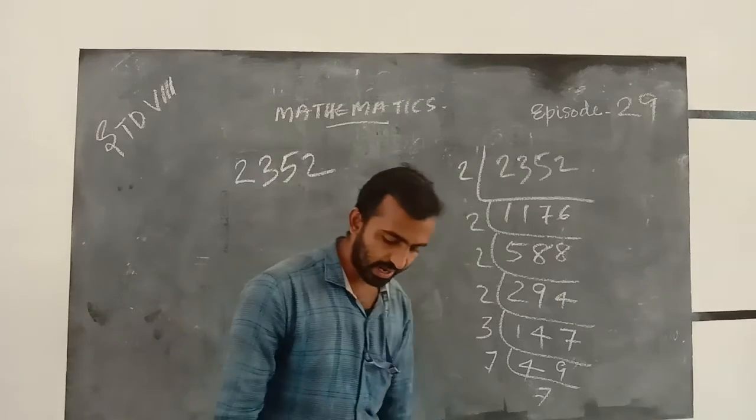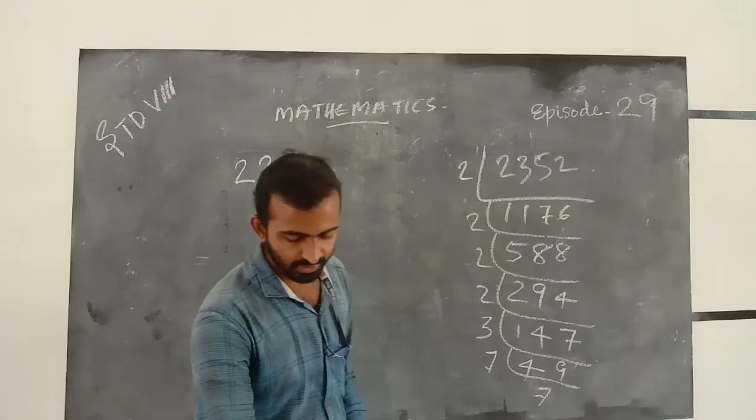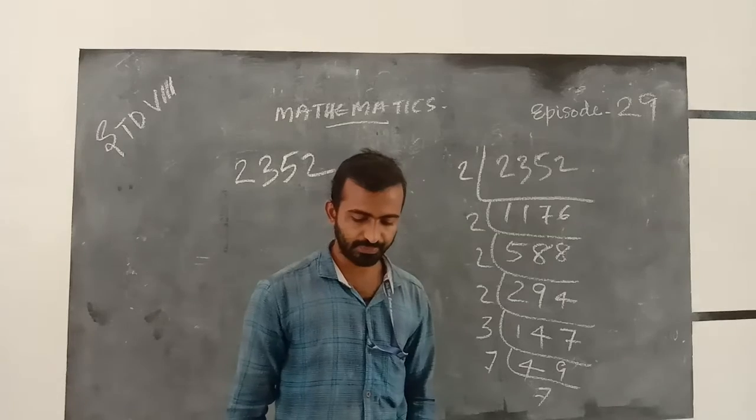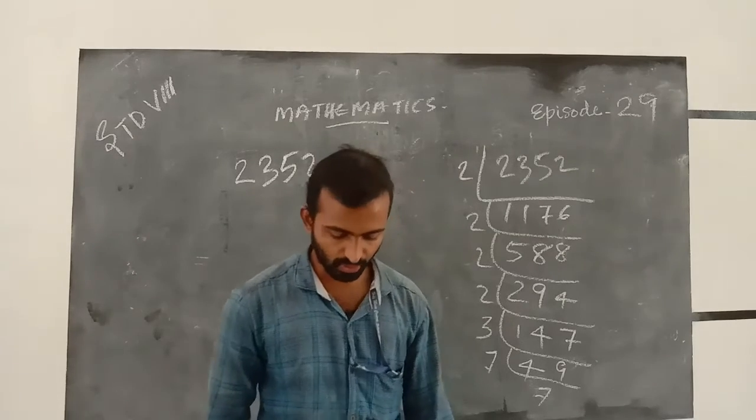That is 7 is also. That is not a perfect square. Is it a perfect square? No, not a perfect square.